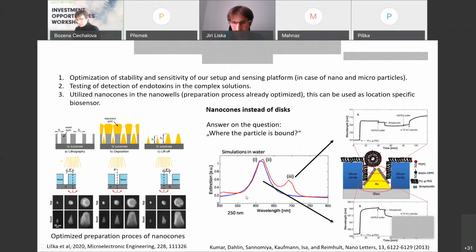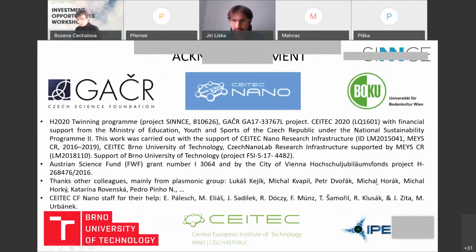The fabrication is optimized, and this should help us answer the question of where the particles are bound, whether at the top or at the bottom of the glass. I would like to thank all the research projects for financial support, and also the colleagues from our group and the nano staff.